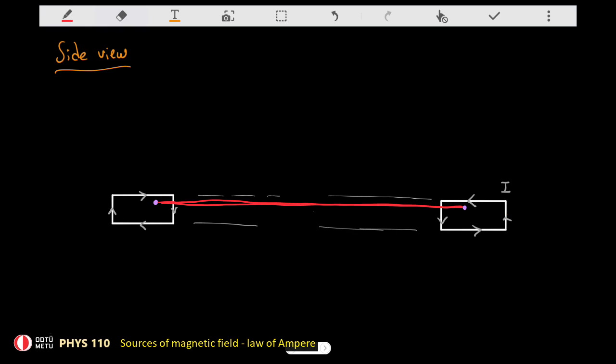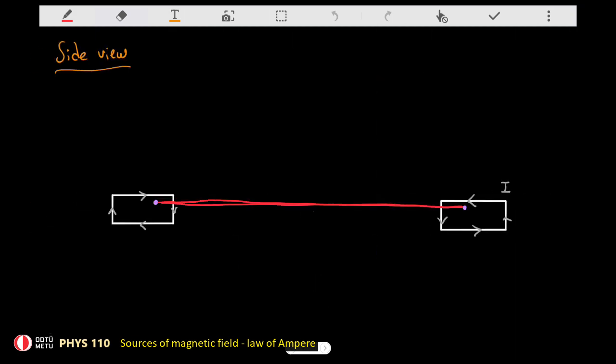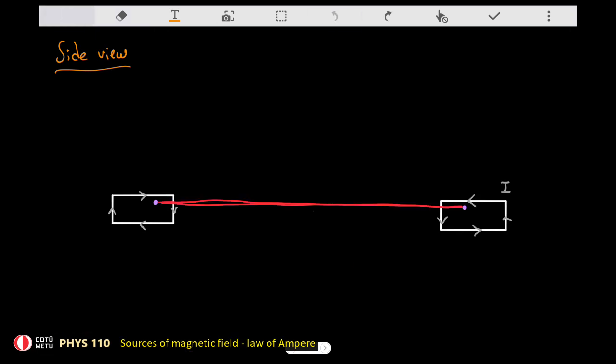The red color is the enclosed surface. Let's look at the direction so that we can decide on the area vector. By the right-hand rule, the area vector should be pointing downward into the screen. That means along the minus z direction. So this enclosed surface has an area vector which is pointing downward.